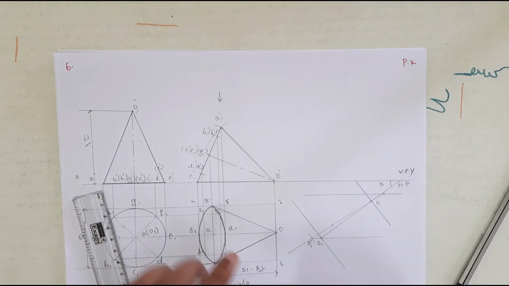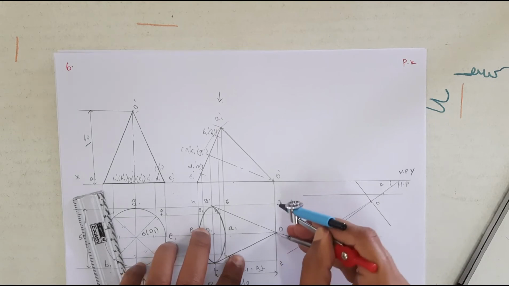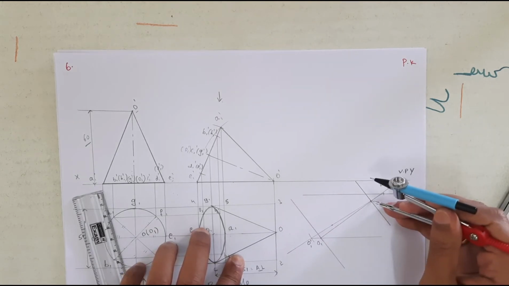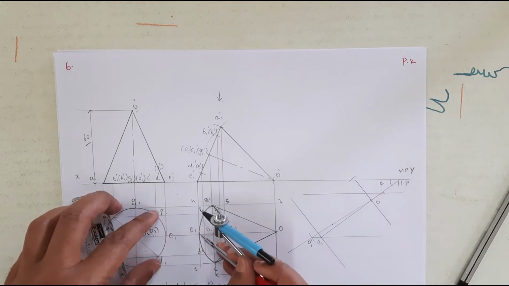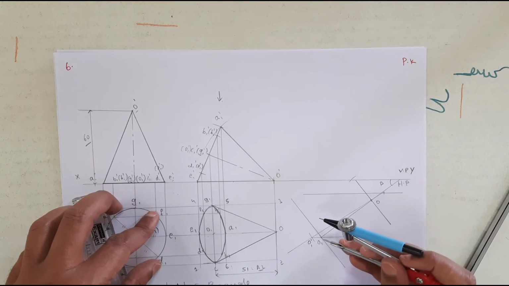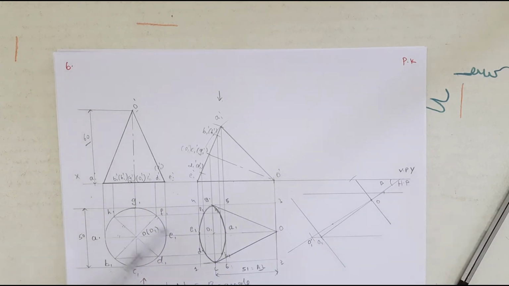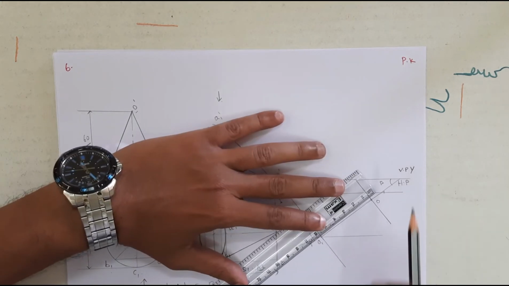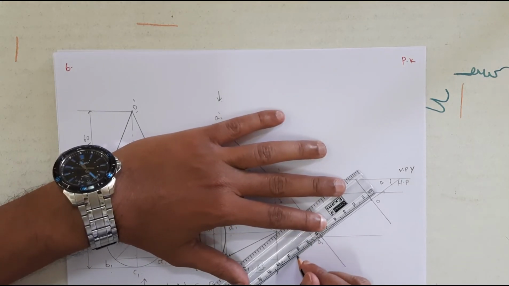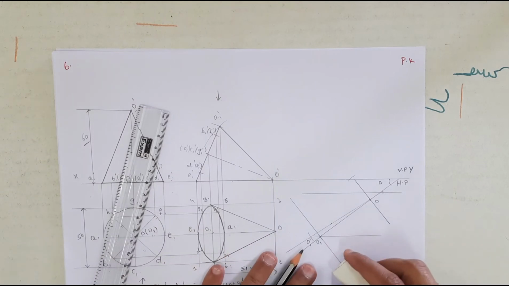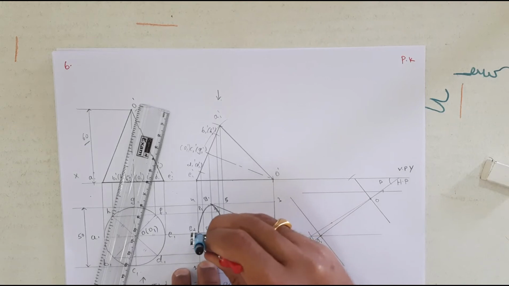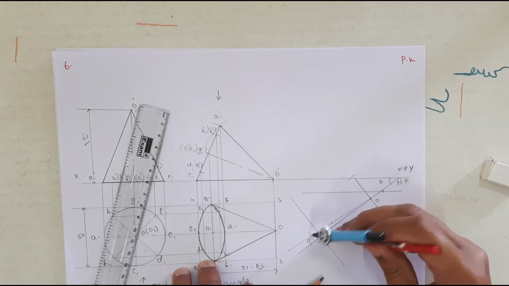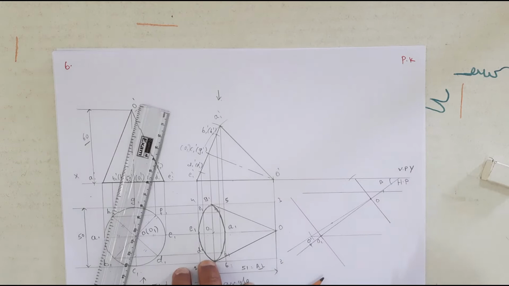Now take the measurement from O to 3, cut the arc, and also E1 to 4. So take the measurement from O1 to E1, cut the arc.